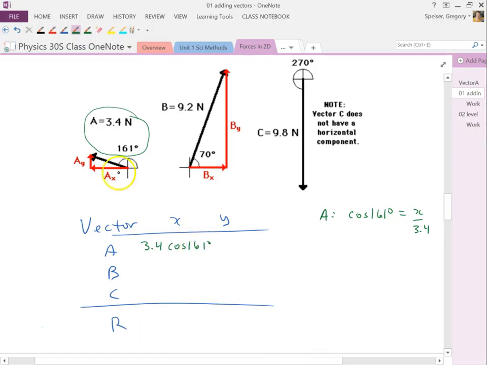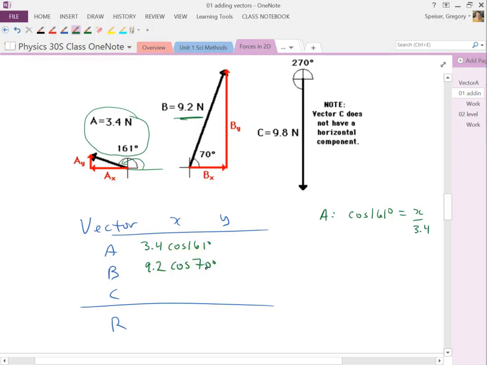So if we know the magnitude of the vector and it's being told to us counterclockwise from east, 161 degrees, look how easy it is to figure out the x direction. You just go 3.4 times the cos of 161. For B, the magnitude of the vector is 9.2, so it'll be 9.2 times the cos of 70 degrees.